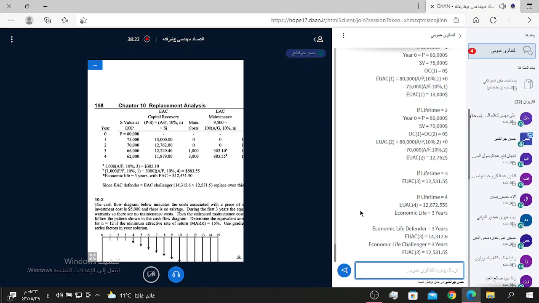UAC Defender is bigger than UAC Challenger in year 3.